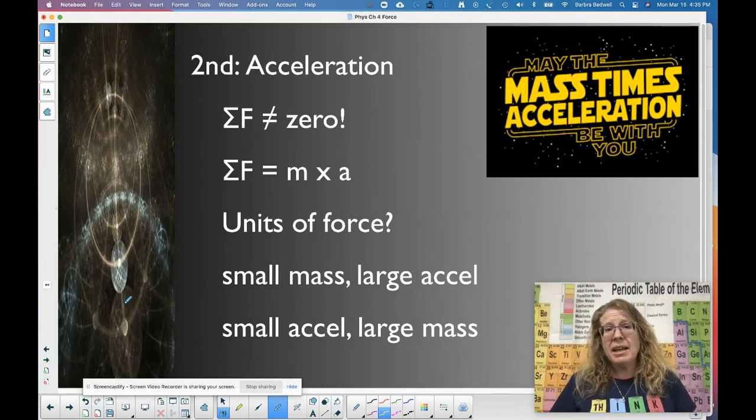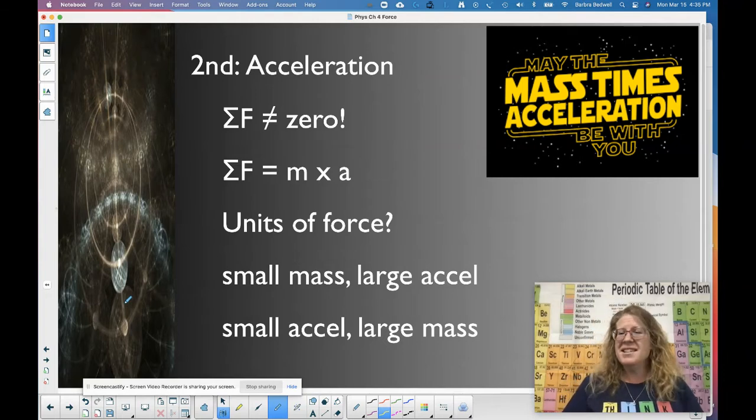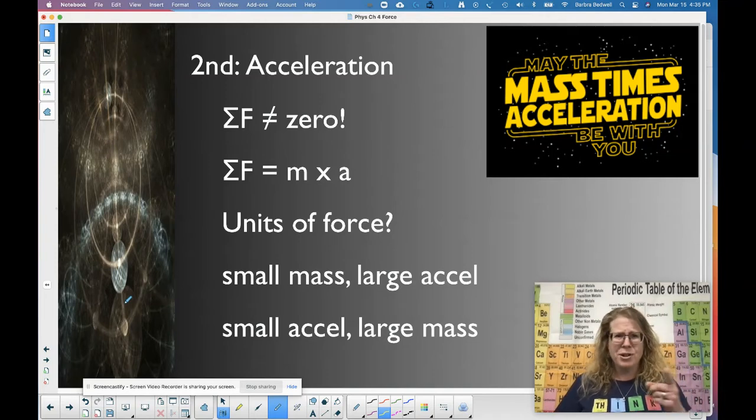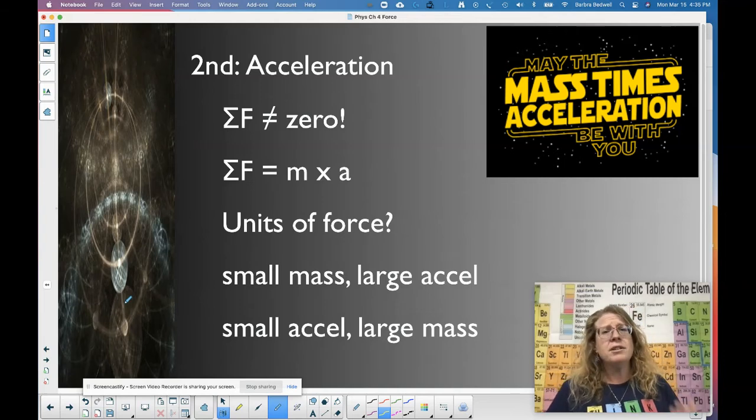Same thing, you can have a lot of force from a very large object that doesn't have to be going fast at all. Think about a fully loaded semi-truck going 1 or 2 miles an hour, crushing you to death. Not a pleasant experience. I would not like that. Tons of force can be created by tons of mass, or by tons of acceleration. Those two things work together in concert to create force.